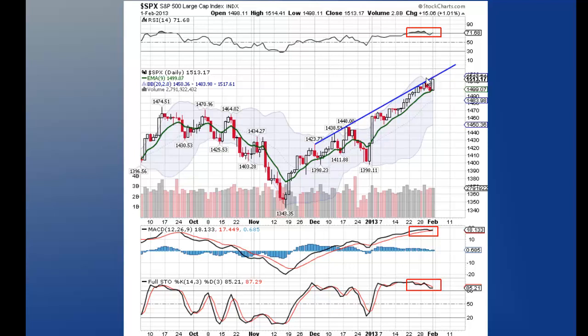At the same time, I would not be chasing longs at this level, because obviously we are quite overextended. The first warning flag for me would be the loss of this rising 9 EMA trend line.